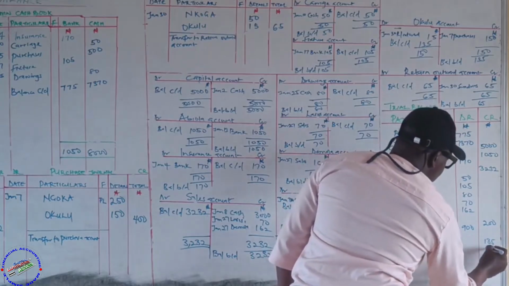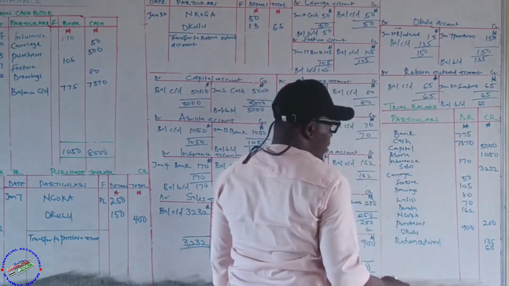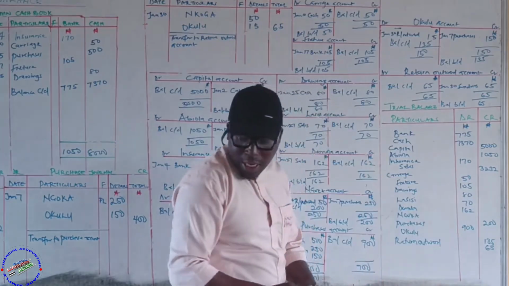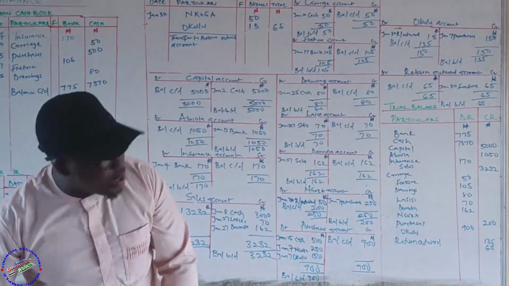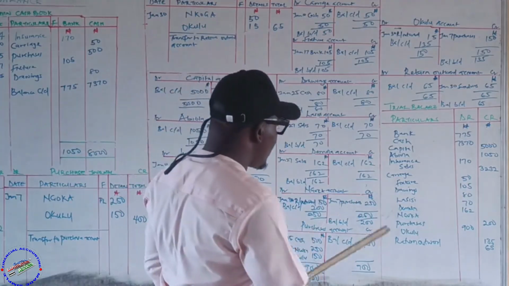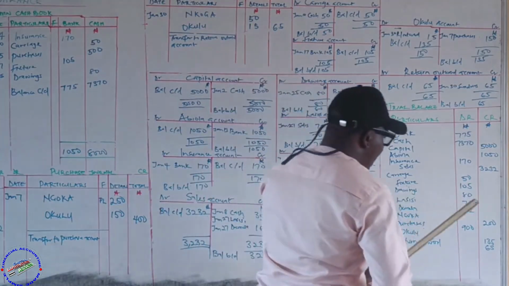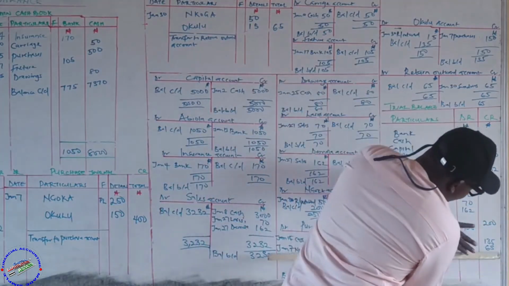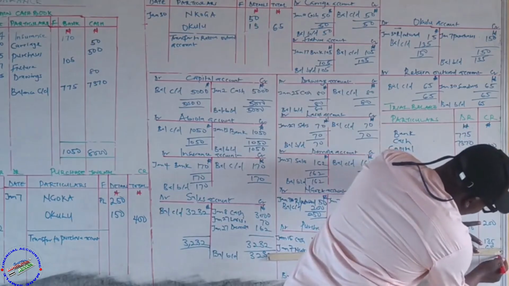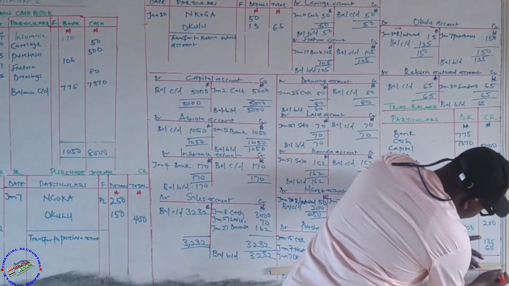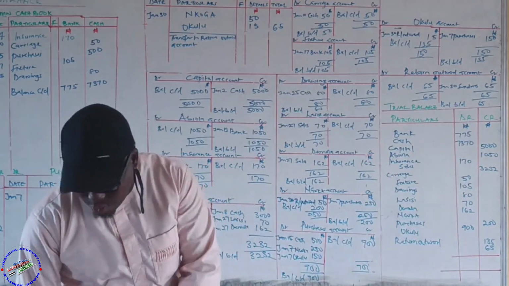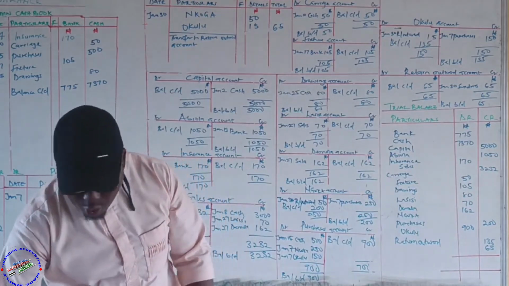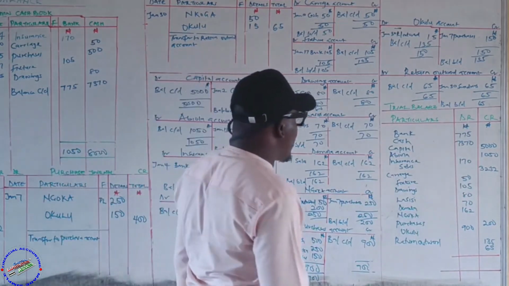Now, I haven't done this. All we need to do is to sum up and put our total in the answer. But one thing we need to understand is there are times when we prepare our trial balance, we need to classify some accounts. And in classifying those accounts, we will be able to know which one is debtor, which one is creditor.